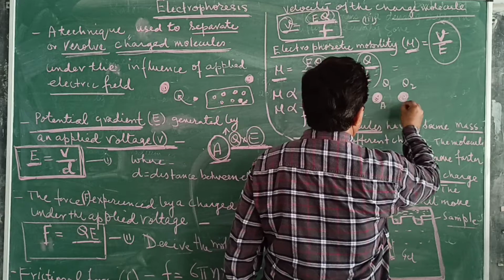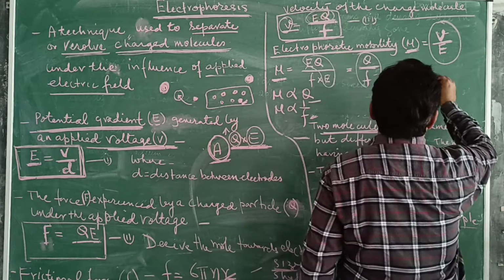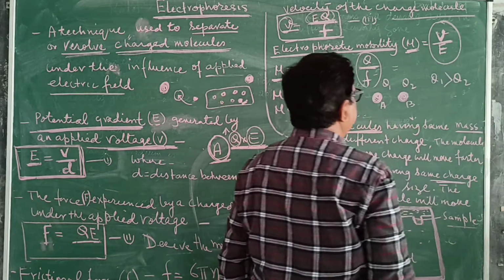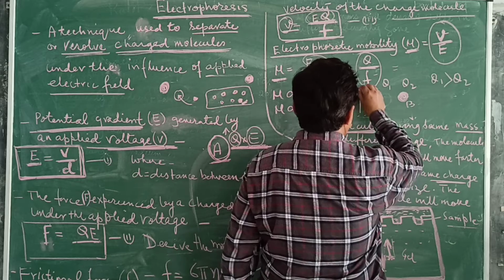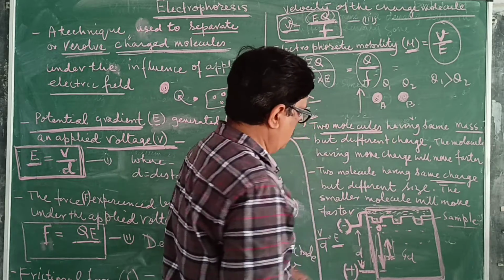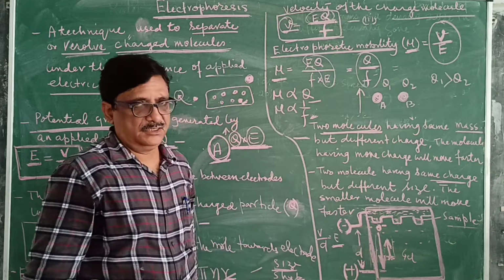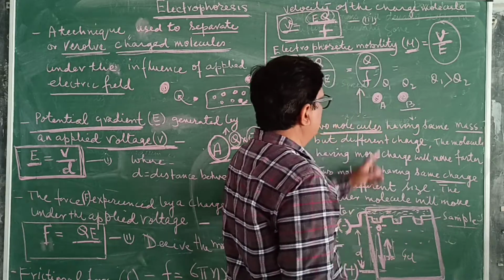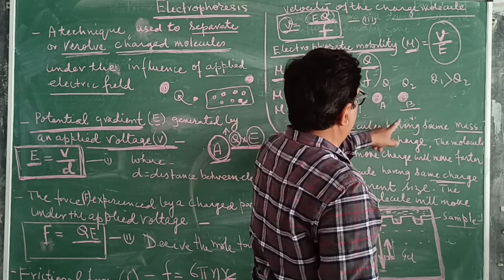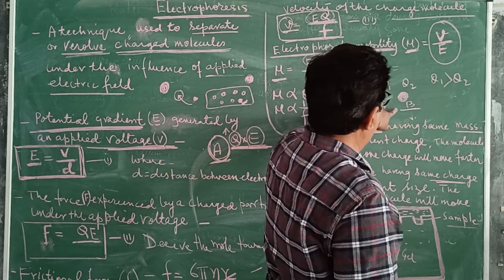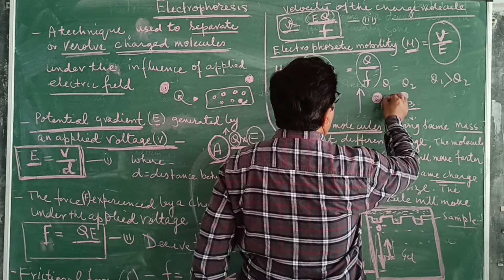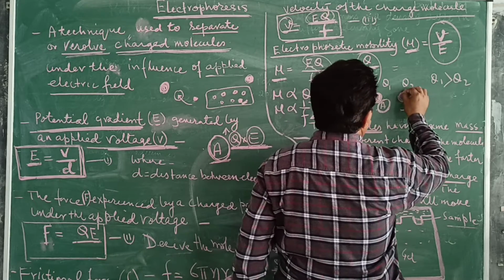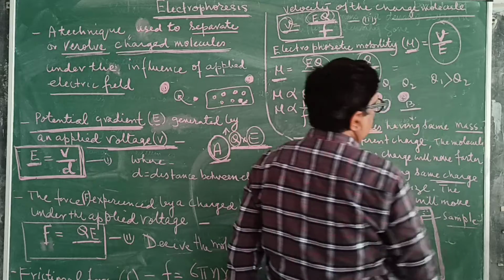Suppose this is particle A. If Q1 is greater than Q2, that means particle A will move faster in the electrophoretic gel in comparison to B. These two have the same size, but the charge of A is greater than the charge of B. That means the molecule with greater charge will move faster than the molecule having lesser charge.